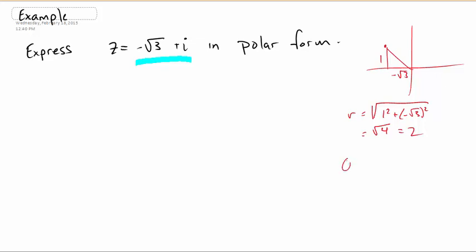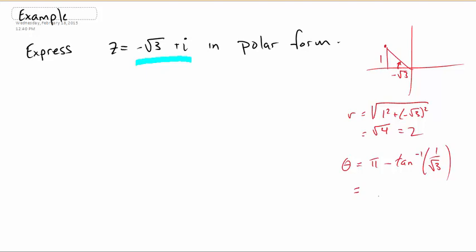Our angle theta, what we're doing is we're looking for an angle in quadrant 2, so we know it has to be between pi over 2 and pi. And to find that, we're using inverse tangent. And I'm just going to use the positive value of the sides, 1 over square root 3, because that'll give me my reference angle over here in quadrant 1, and I'm going to do pi minus that because I'm that much less than pi radians.